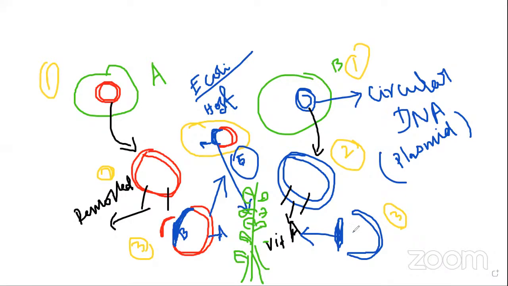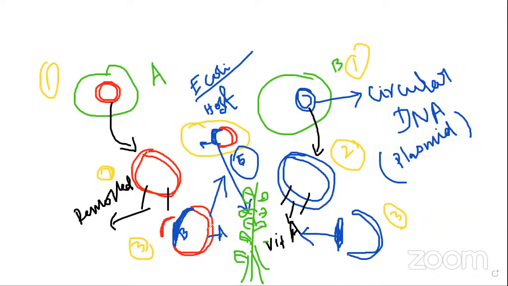The B strain has a vitamin A containing gene. After the identification, the gene is transferred to the A strain. When we transfer the gene molecule from the B strain to the A strain with the help of the ligase enzyme, the recombinant is completed.